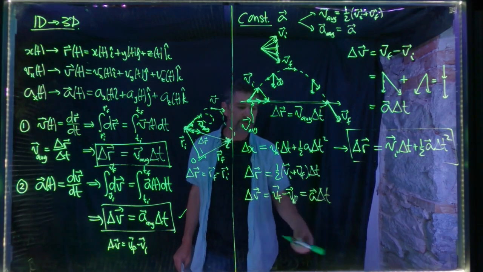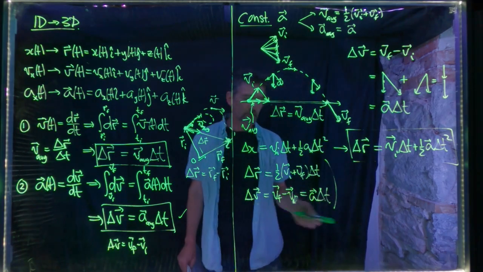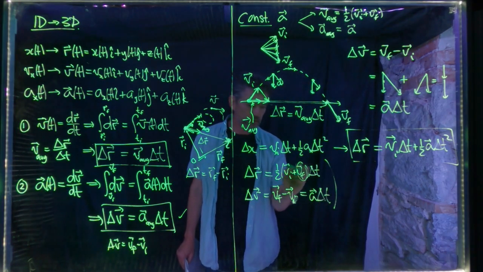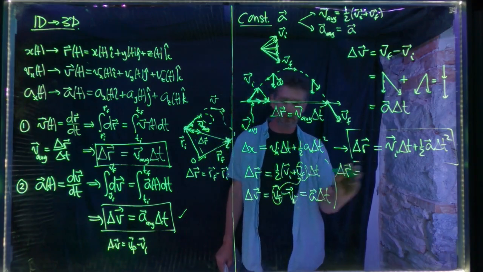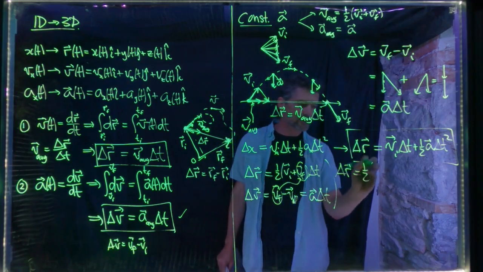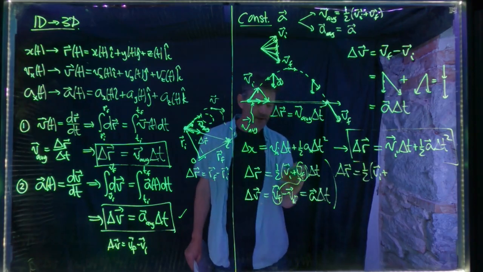Okay, and now we do the same thing that we did before. We look at these two equations and we substitute for v final. The v final from this equation gets substituted into there. And so we have delta r is equal to, let's see, 1/2 v initial plus v final. What's v final?